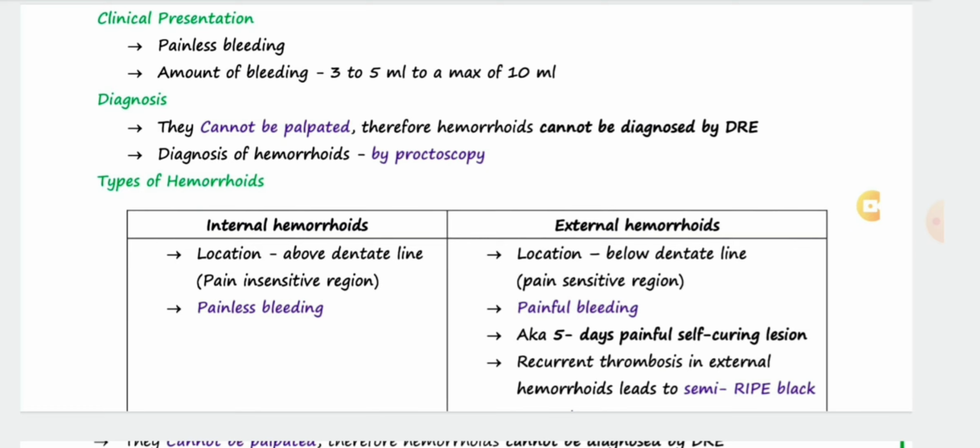External hemorrhoids are located below the dentate line, which is a pain sensitive region because it is derived from ectoderm, and they are characterized by painful bleeding, also known as 5 days painful self-curing lesions. Recurrent thrombosis in external hemorrhoids leads to a semi-ripe black color.